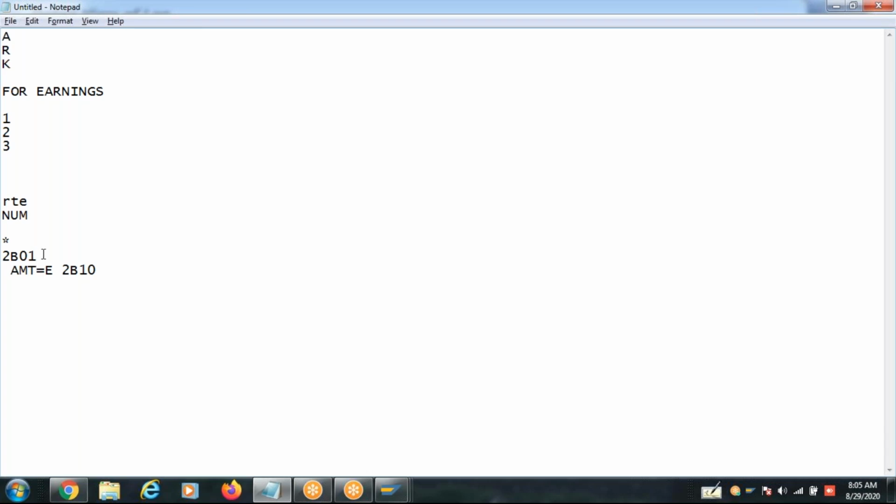It's because the primary wage type, the current wage type, and the wage type that you are referring from, both splits should be matched. If both splits are not matched, then this operation will not read the amount field of 2V10. What splits should be matched is going to be tomorrow's class.